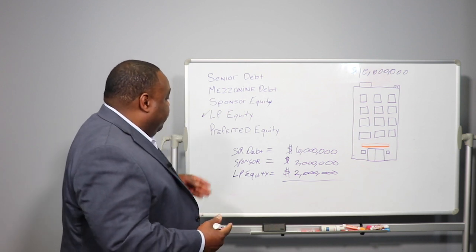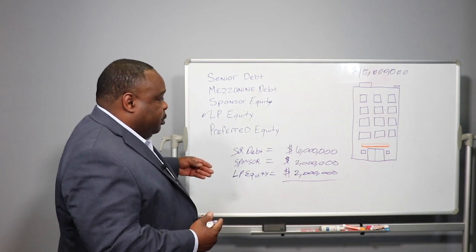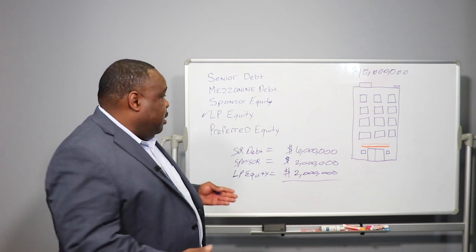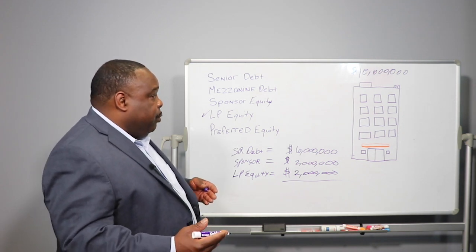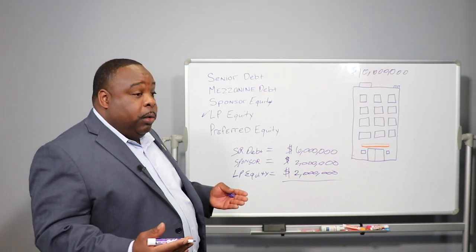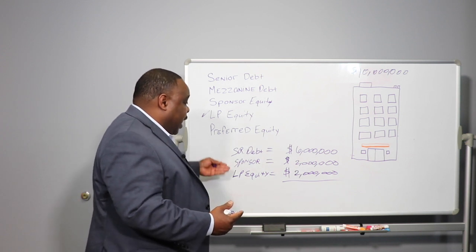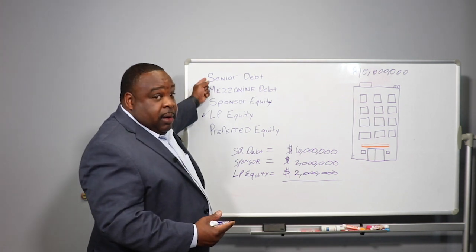Now, as we go further into our discussions talking about the capital stack, we eventually want to talk about how these things are priced. You might ask yourself, and the question's been asked to me, what's the most affordable capital that you might apply to a project? And of course, believe it or not, it's going to be your senior debt.